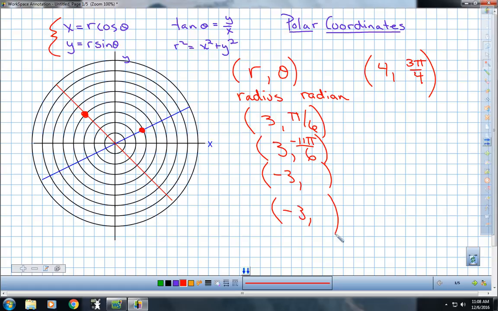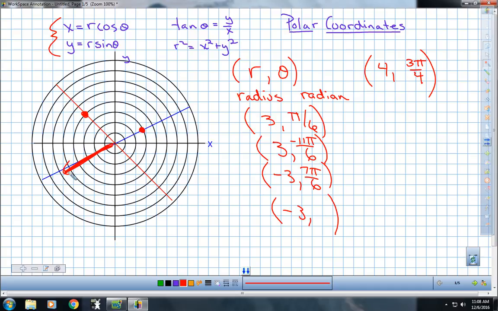Another way of saying this exact same point: if I went to a pi over 6 reference angle in the third quadrant, which is 7 pi over 6, that puts me right here. Everybody agree?